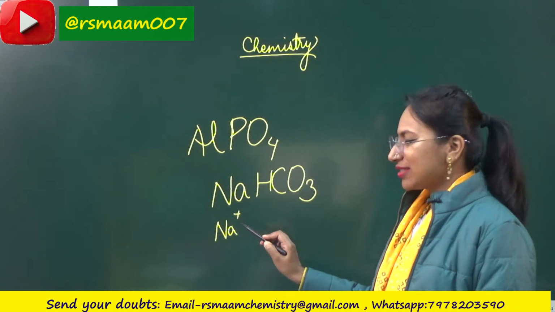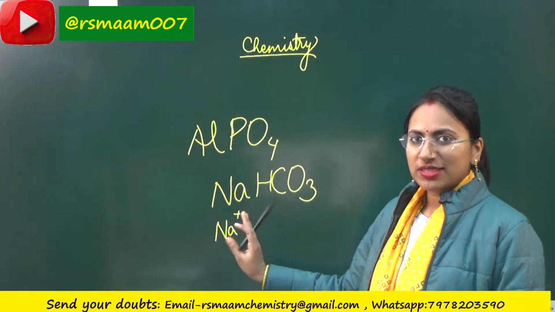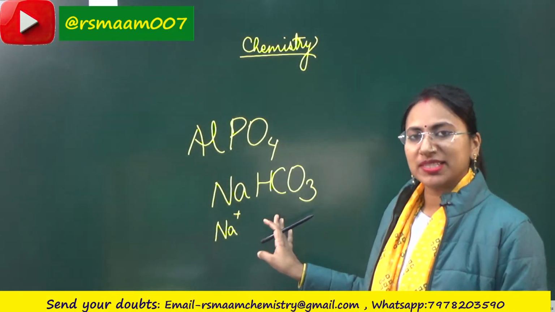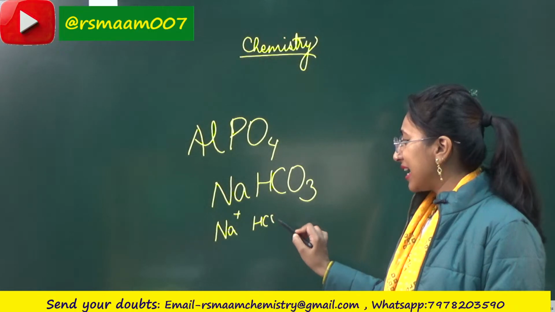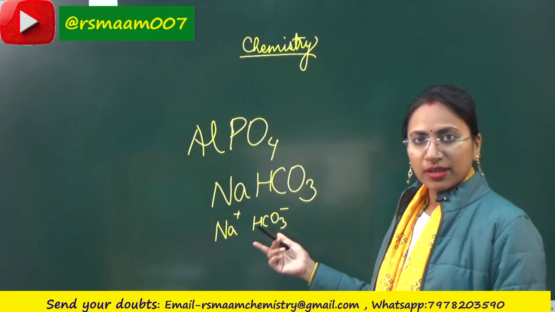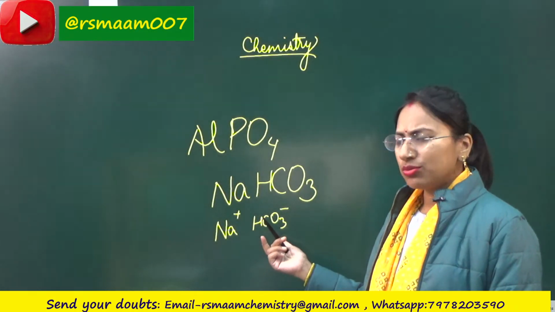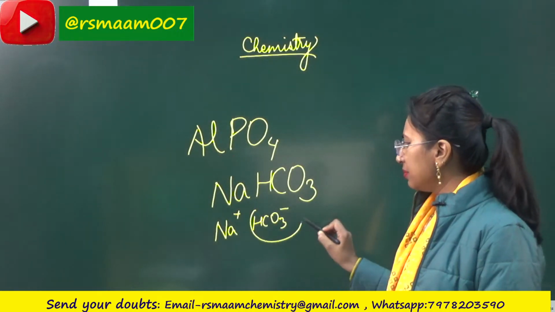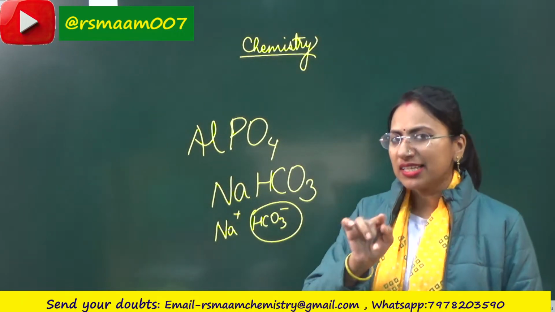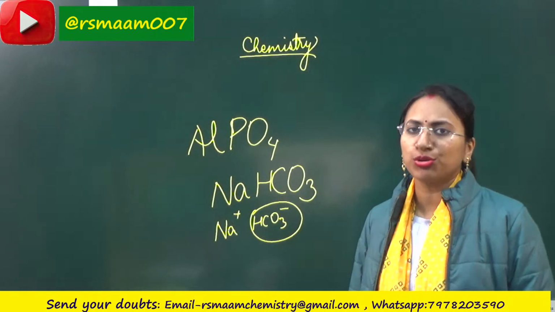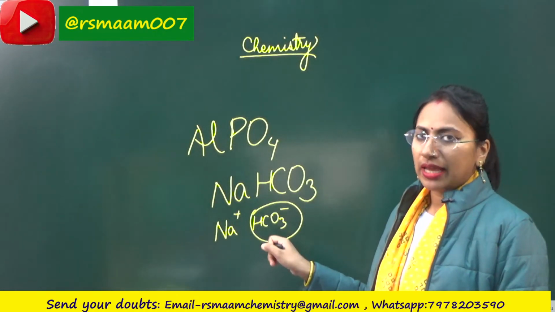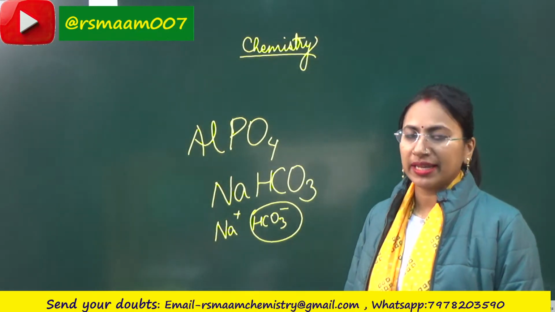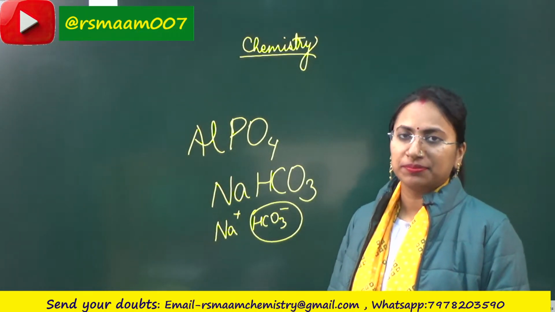What you need to do is, at first you need to think about the cation and anion part present in that particular compound, okay? So it is Na+ and HCO3-, okay? Now can you name this anion using the list which you have already written in your notebook? Try to find this anion in your notebook and take help of it and name this compound.